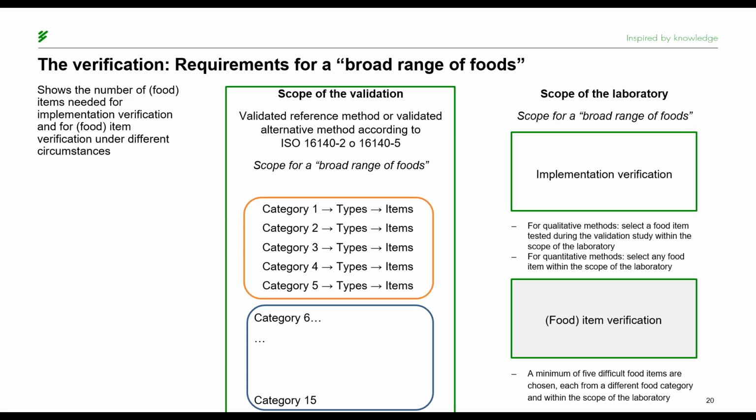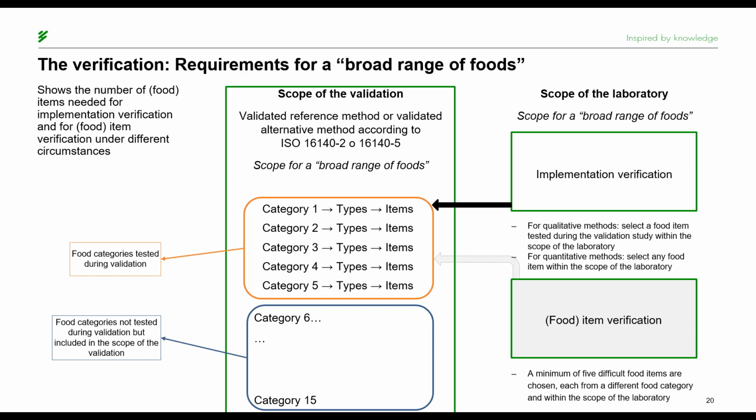For the implementation, we select one article, and then for the item verification, at least 5 difficult items from different categories are selected, all within the scope of validation. Here we can see that all these categories are included within the scope of the validation, but not all of them are tested. So it's not obligatory that a food category is tested, but it must be included within the scope of the validation.